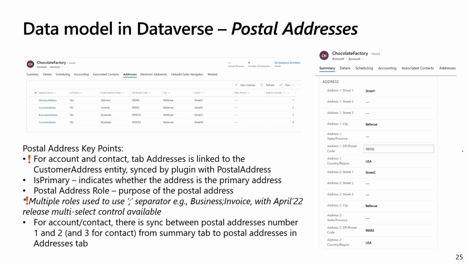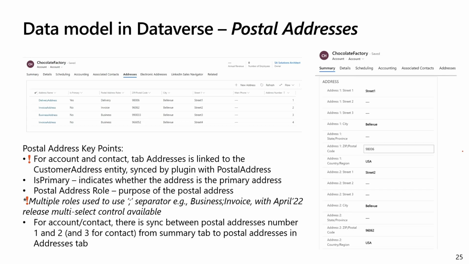For the is primary flag, this is a concept that is available in FNO. It has particular significance when talking about the electronic address. We'll be covering that in a minute. For the account entity, when creating a new account, the address 1 and address 2 fields from the summary tab will correspond to two addresses created and available in the addresses tab.